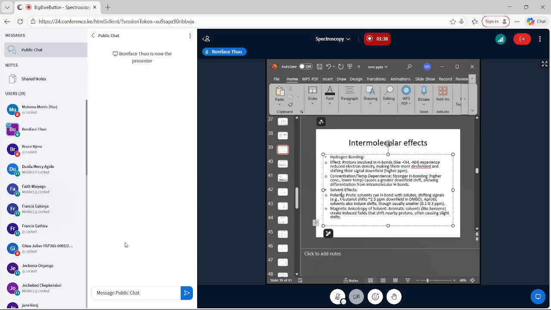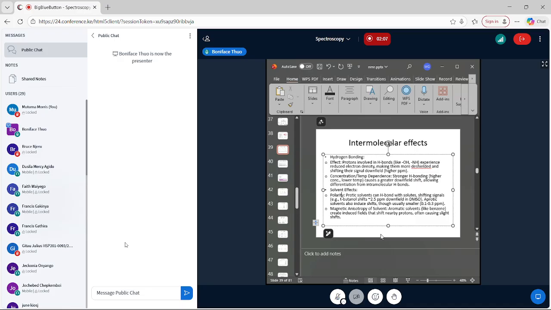Another factor between molecules is the solvent effects. The most prominent of the effects is due to the polarity of solvents. It has been observed that protic solvents are able to hydrogen bond with the analytes, which then shifts the chemical shift to higher values.